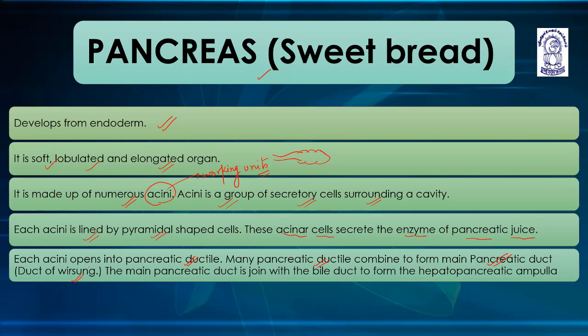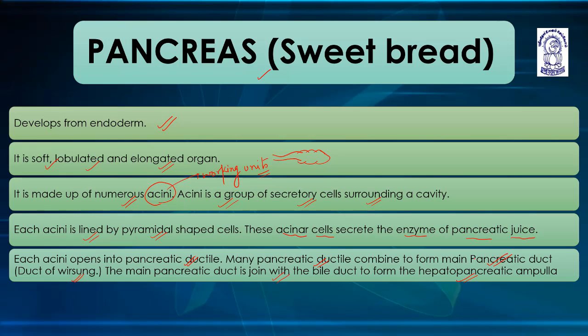So acini merge to form pancreatic ductules, and these ductules further combine to form the pancreatic duct, the duct of Wirsung. Understood? The main pancreatic duct joins with the bile duct to form hepatopancreatic ampulla.